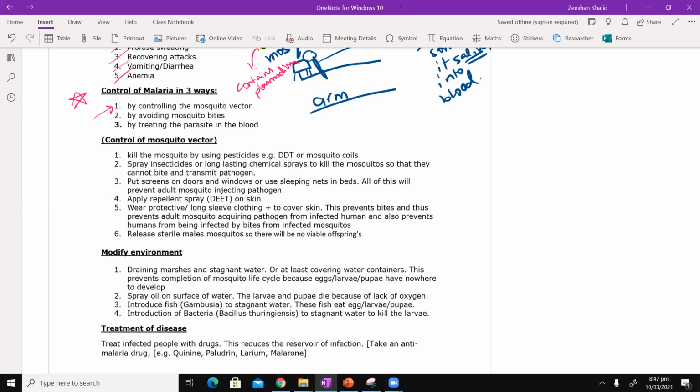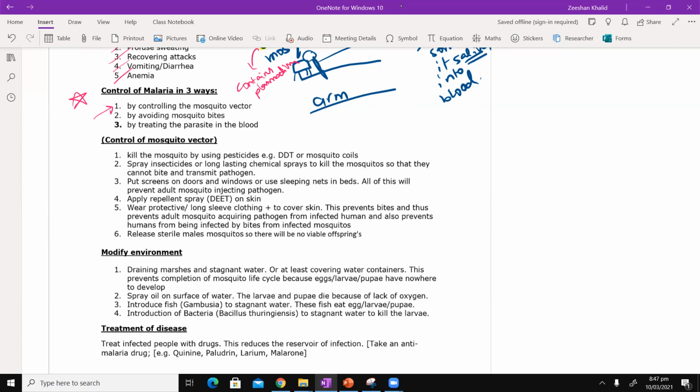But the first point says by controlling the mosquito vector. Why is this a control for malaria? Because mosquitoes are the ones that take it and transfer it. Okay, great. So they're the vectors, they're the carriers. If we somehow control the insect that is carrying this pathogen, that also curbs and controls the malaria. So number one, by controlling the mosquito vector.